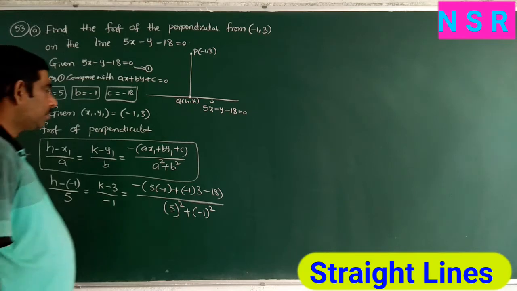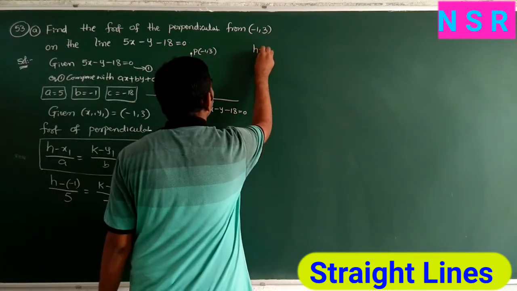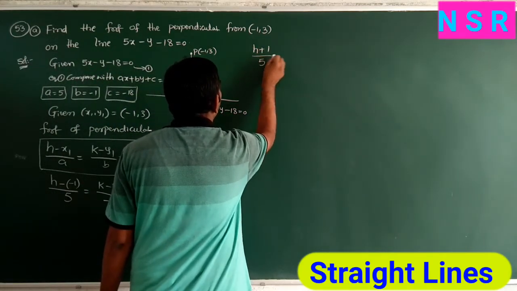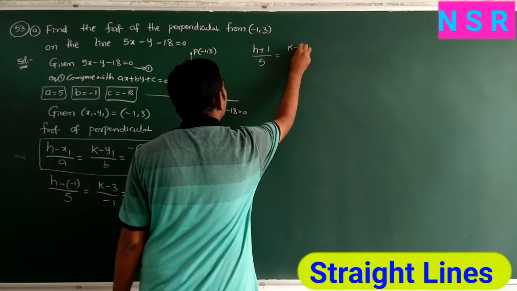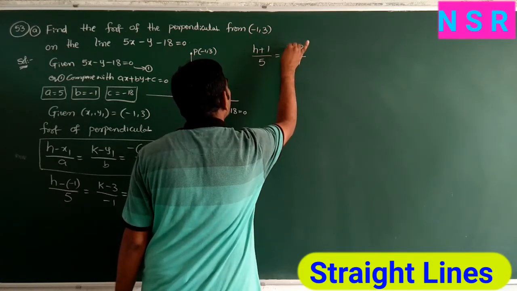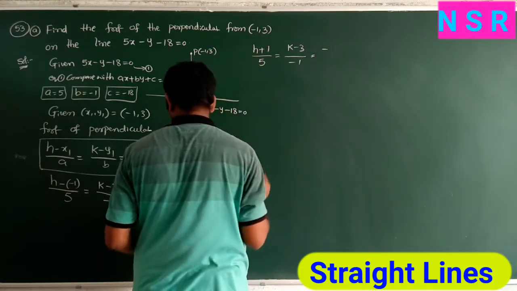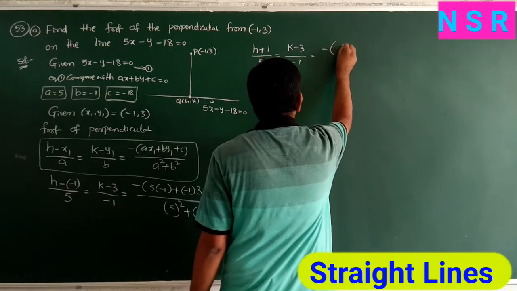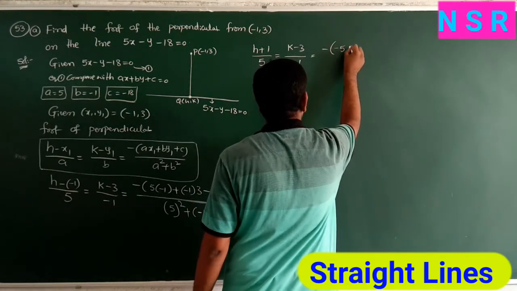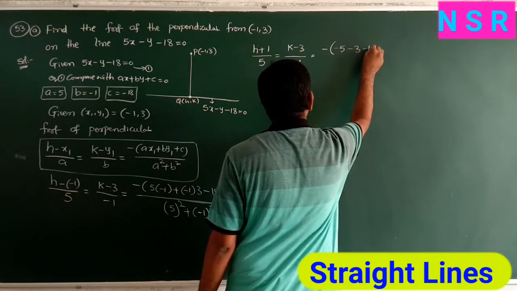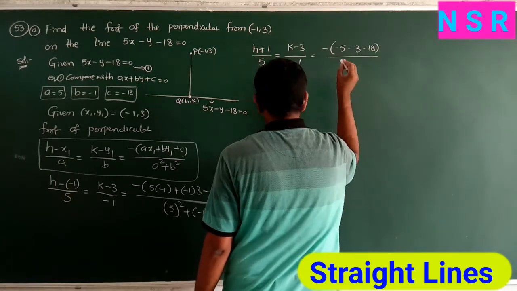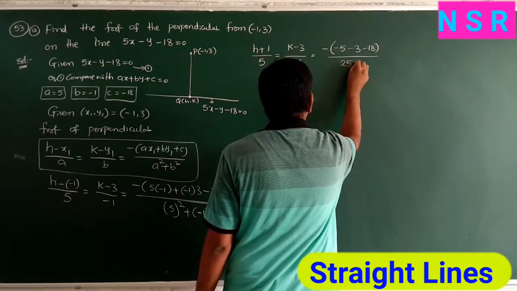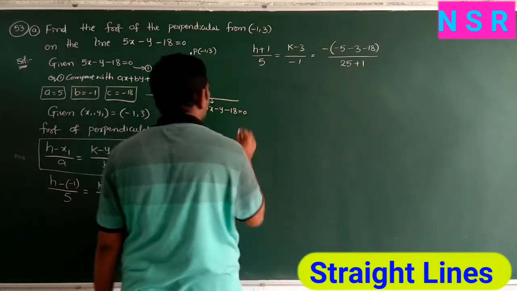Now simplify it. Minus of minus 1 plus 1, h plus 1 by 5 equal to k minus 3 by minus 1 equal to minus of 5 into minus 1 minus 5, and here minus 1 into 3 minus 3, and minus 18, by 5 square 25, minus 1 square 1.